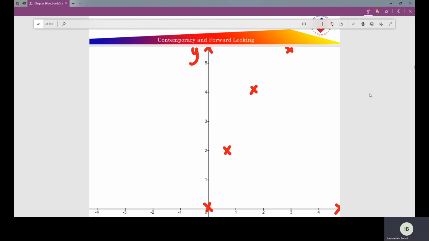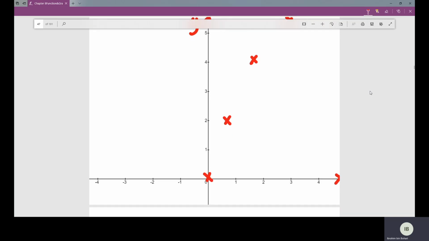So the first part of the function is f(x) equals 2x, and the domain of the function is x greater than or equal to 0. So you plot all the points here: the origin (0, 0), (1, 2), (2, 4), (3, 6) to positive infinity. And then the second function f(x) equals 0, and the domain of the function is x less than 0.